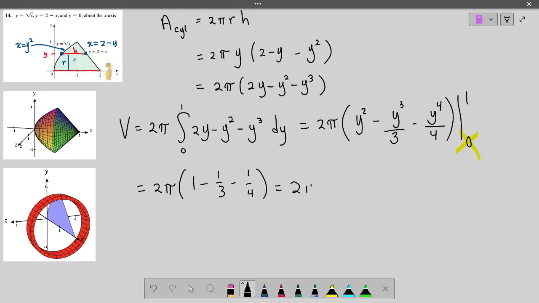Common denominator of 12. Multiply that one by 12, multiply that one by 4, multiply that one by 3. So what's 12 minus 7? 5 pi divided by 6. So there is our final answer.